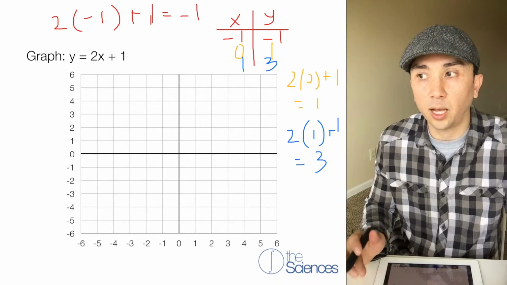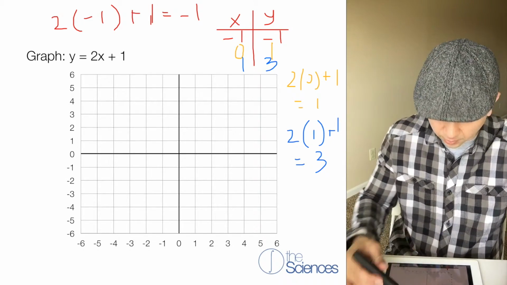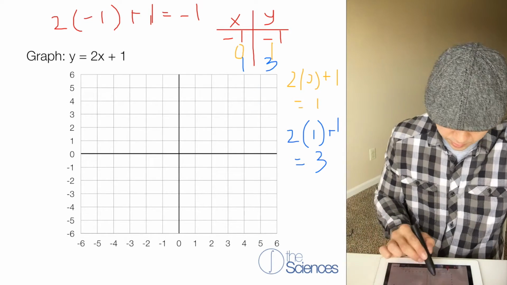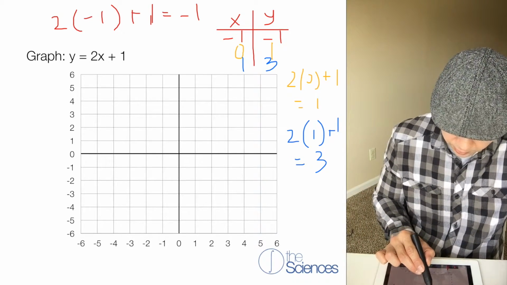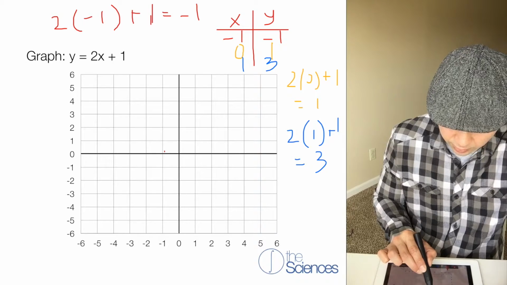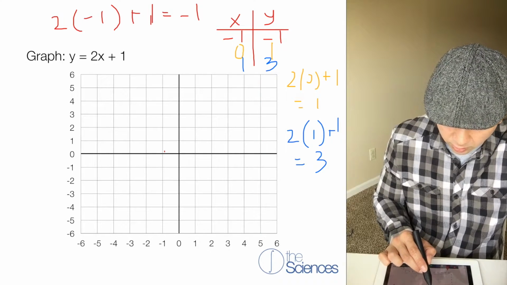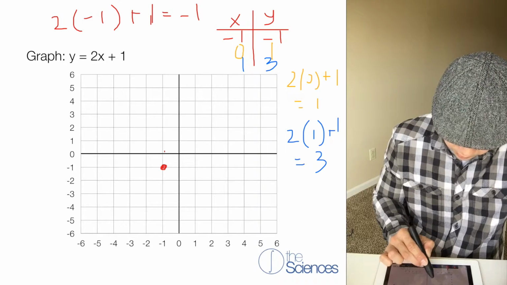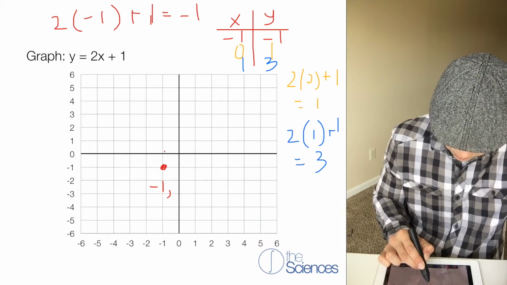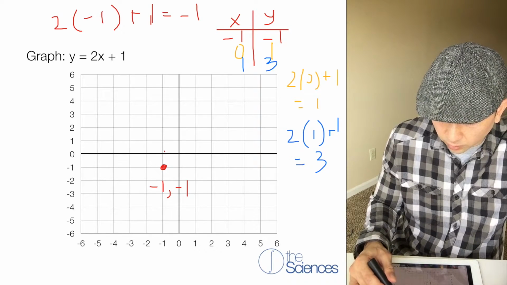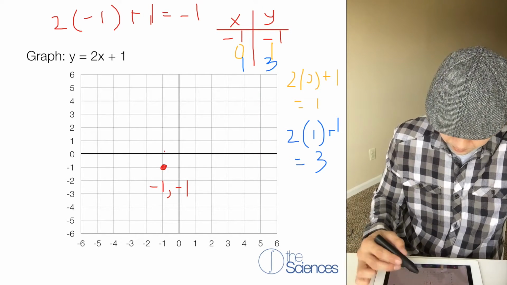So now we're going to plot these. Our first coordinate is (-1, -1). So here we're going to go 1 place to the left on the x-axis, and then 1 place down on the y-axis. So here's our (-1, -1). Now our next coordinate is (0, 1).